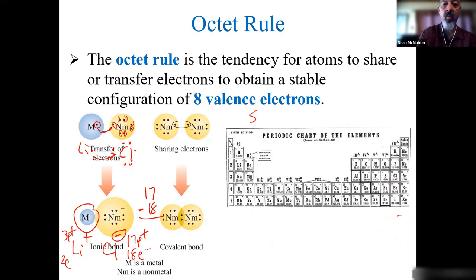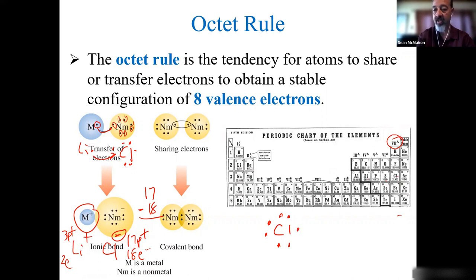Okay. Well, when will I share? Is there a possibility for me to share electrons? Yeah, there's a case right here. I could have, let's say, 2 non-metals. I could have chlorine. Why am I putting 7 dots? It's in group 7A, 7 dots.